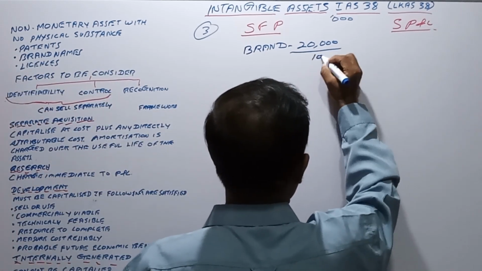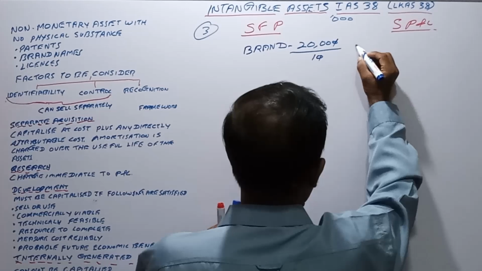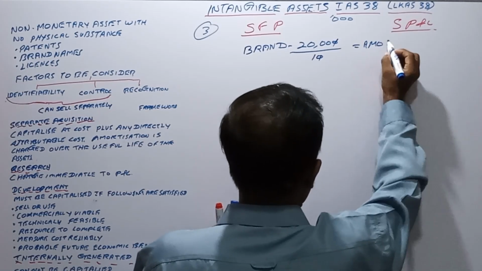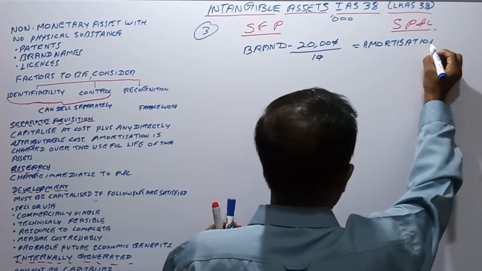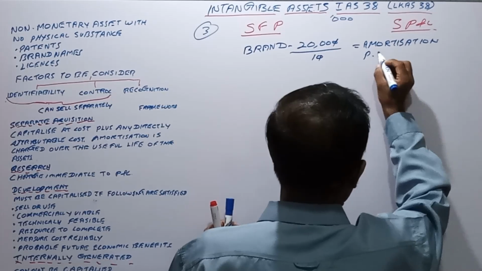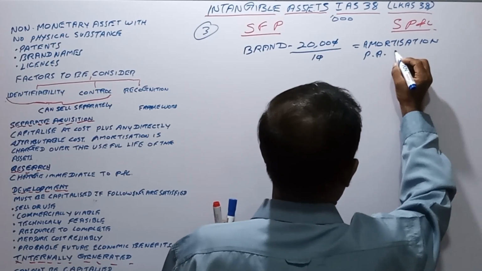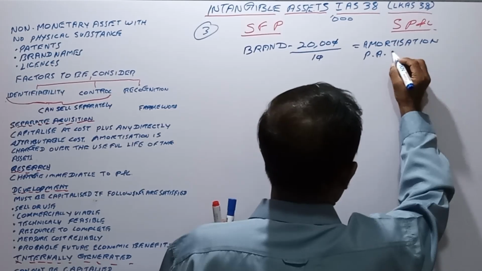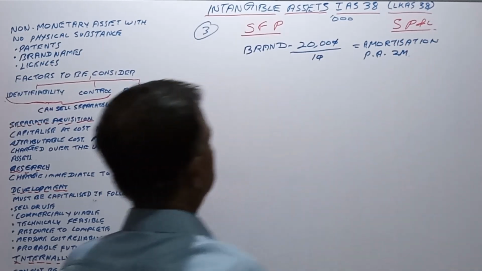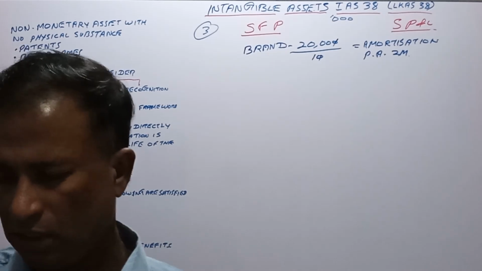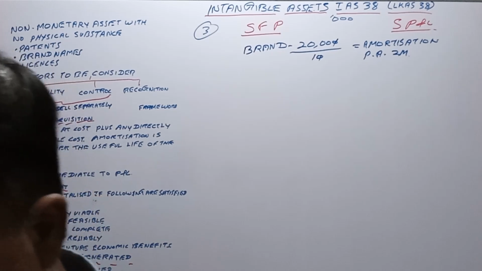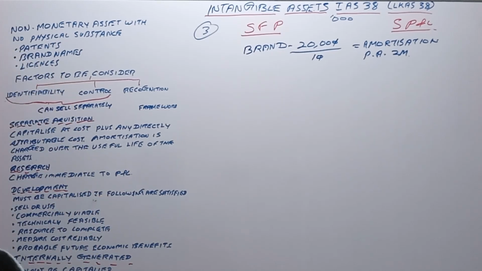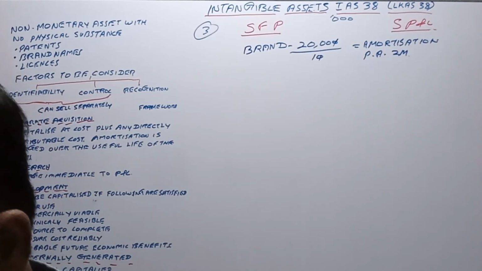Then the amortization expense per annum was 2 million, right? 2 million per annum, so a brand for 10 years.